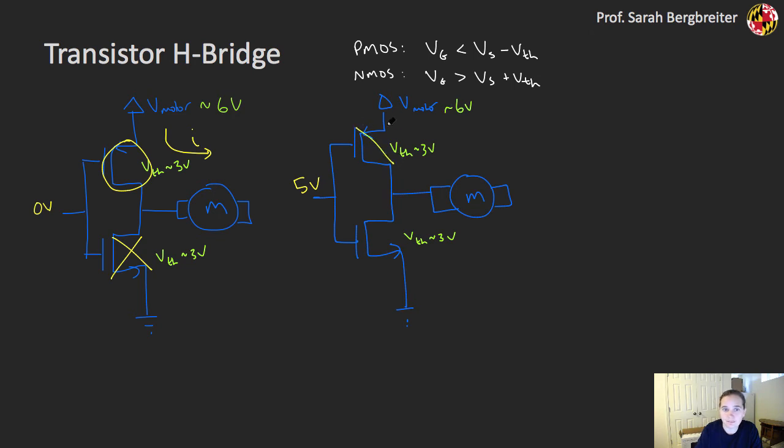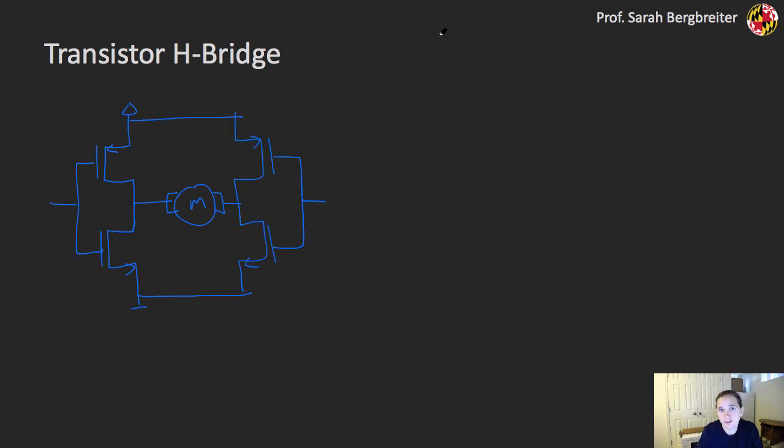So in this case, the PMOS transistor is off. My gate voltage is pretty close to that motor voltage. My NMOS transistor, on the other hand, has a gate voltage above the 3V threshold, above ground. So in that case, this one is on, and I can have current flowing in this direction, right here through my motor. So a potentially very simple way to provide both speed and direction control on the motor.